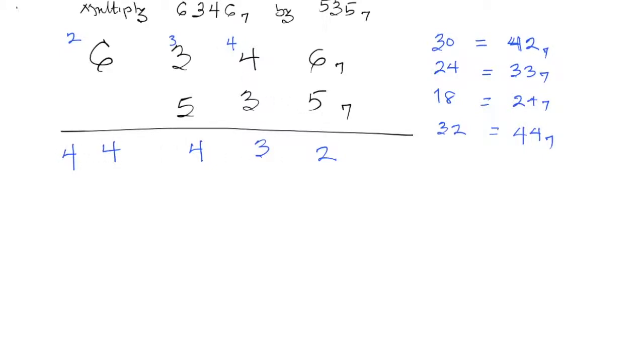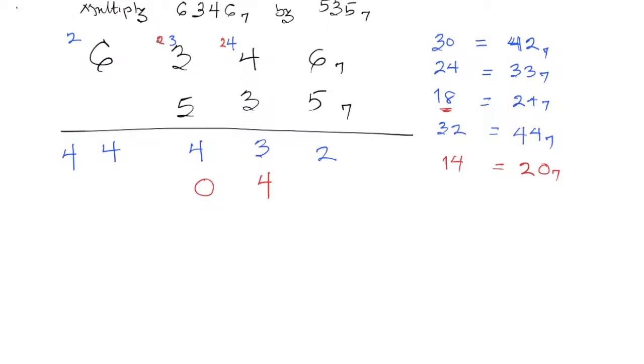Now, the next one, 3. 3 times 6 is 18. 18 in base 7, we already have it right here, so that's 24. We move our 2 over here. 3 times 4 is 12 plus 2, that's 14. 14 in base 7 is 2 bunches of 7 and no units. So we write our 0 and we move our 2 right here.